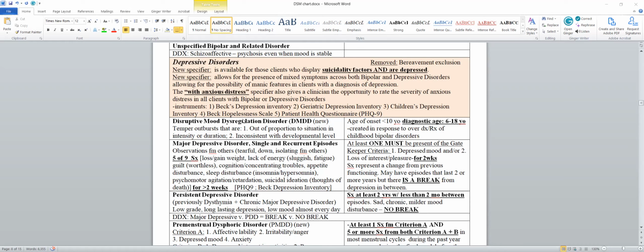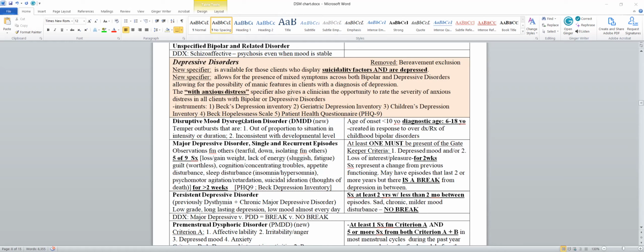A new specifier also allows for the presence of mixed symptoms across both bipolar and depressive disorders, allowing for the possibility of manic features in clients with a diagnosis of depression.